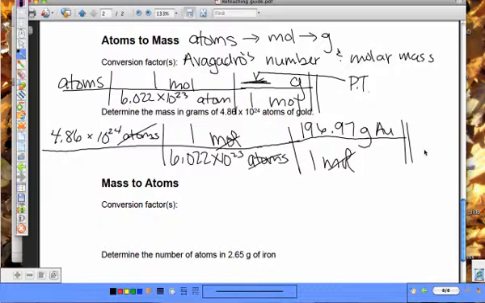The answer is 1,589. The reason you can say it should be higher than 196.97 is because we have more atoms than we do in 1 mole. So we should have a higher mass than a molar mass.